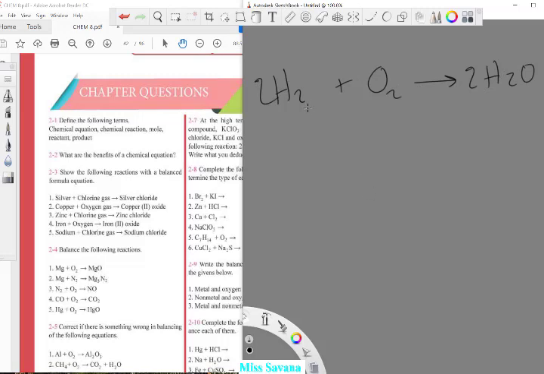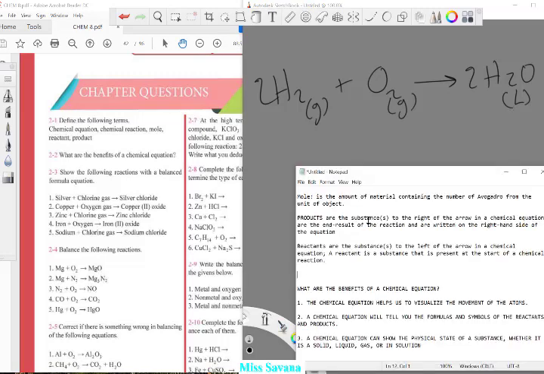This one is gas, and this one is gas, and this is liquid. Physical state is the state of existence of this element or compound. So hydrogen exists as a gas and reacts with oxygen, which is also a gas, to form water, which is liquid. Okay, now this is for the definition and explanation part of these questions.